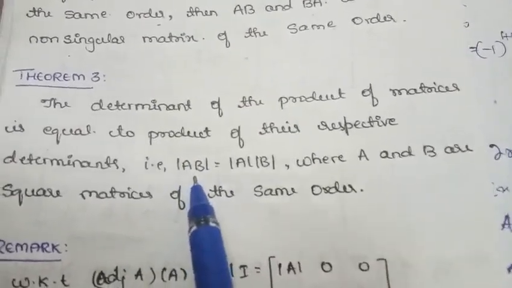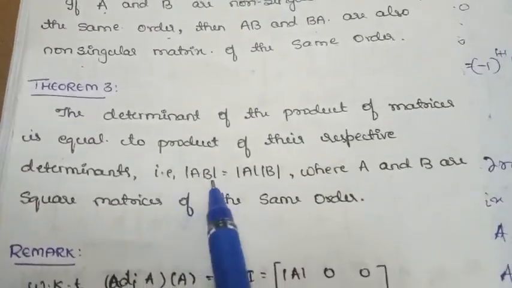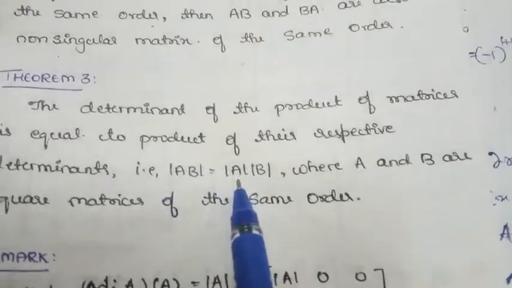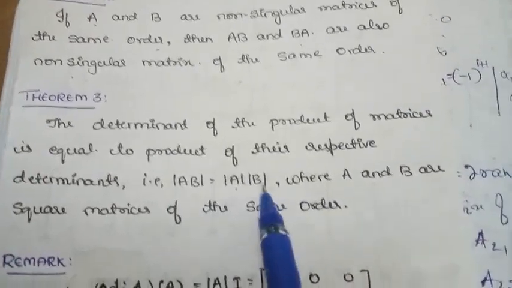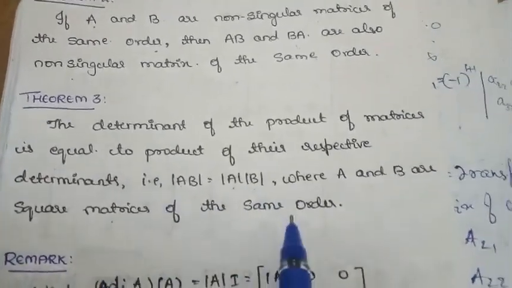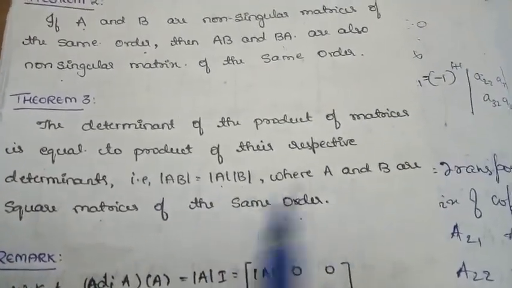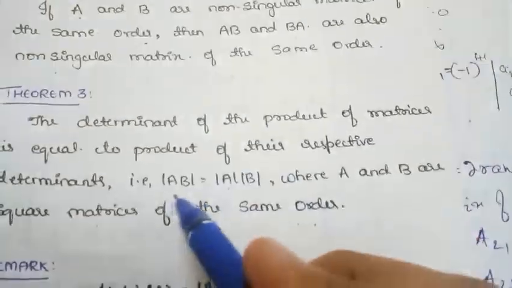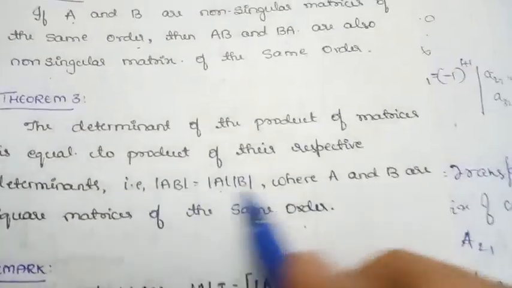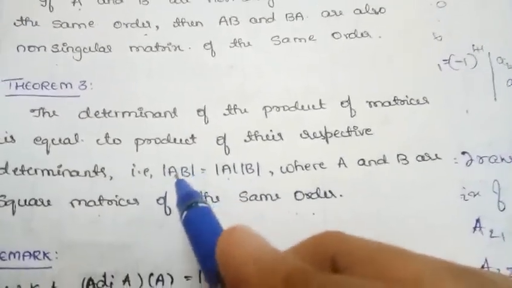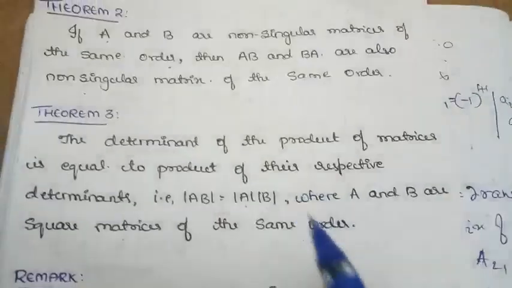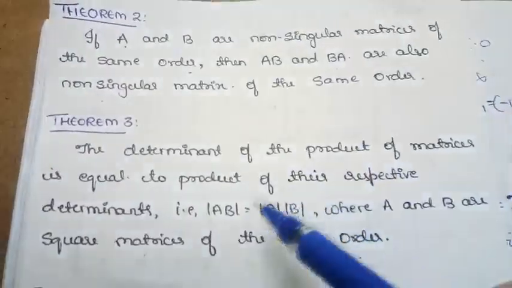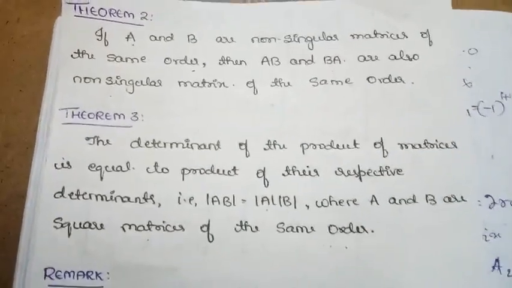Then the determinant value of the product AB is equal to the determinant value of A into the determinant value of B. But both A and B are square matrices of the same order. This is the condition you need to maintain when you are stating this. That is, determinant of AB is equal to determinant of A into determinant of B. So this is what theorem 2 and theorem 3 are stating.